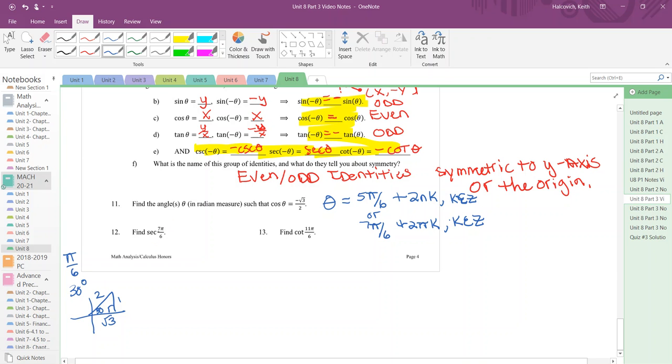Now, if we're talking about 7 pi over 6, that's the third quadrant where it's negative, so it'd be negative 2 rad 3 over 3. For cotangent 11 pi over 6 is in the fourth quadrant. So basically, that is going to be negative of whatever cotangent pi over 6 is. Well, cotangent pi over 6 is rad 3 over 1. So it's going to be negative rad 3.